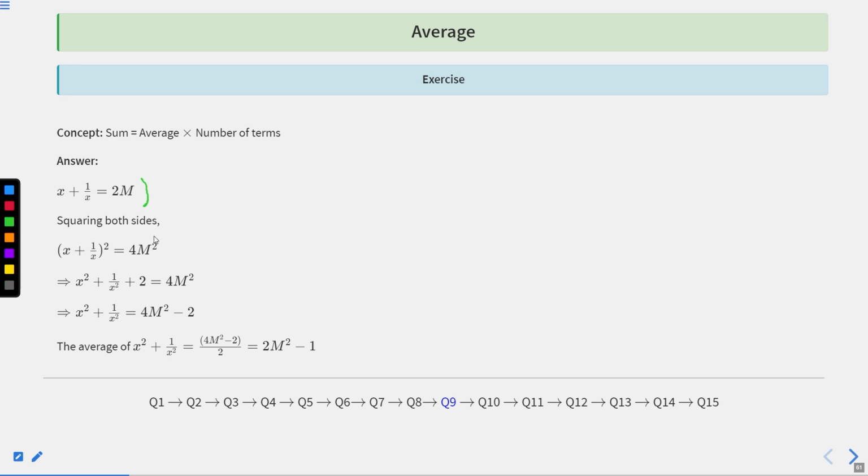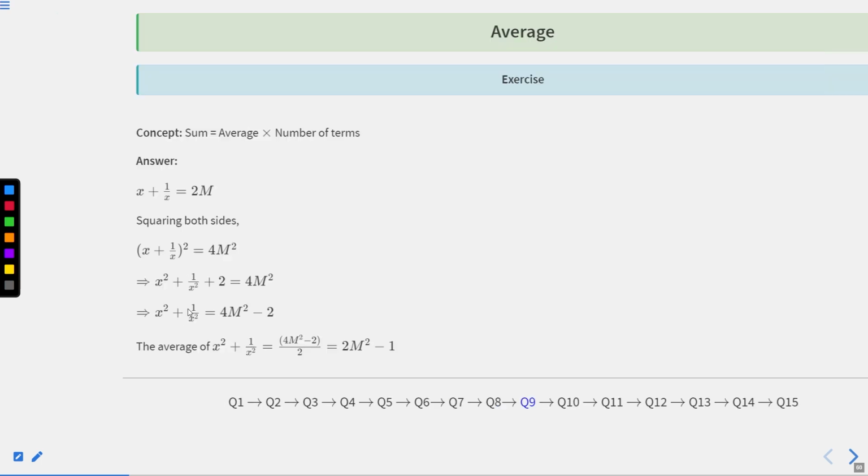And if I take the square both sides, I will have (x plus 1 upon x) whole square equal to 4m square. So on simplification, opening the (a plus b) whole square, x square plus 1 upon x square plus 2 equal to 4m square. And we were interested in x square plus 1 upon x square. Then it will be 4m square minus 2. And what was the final destination?